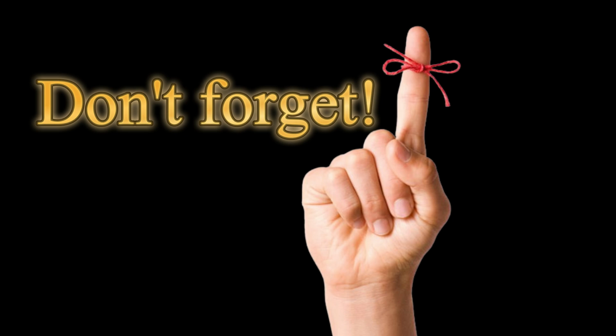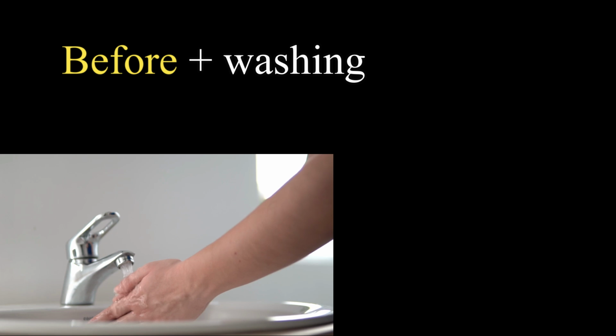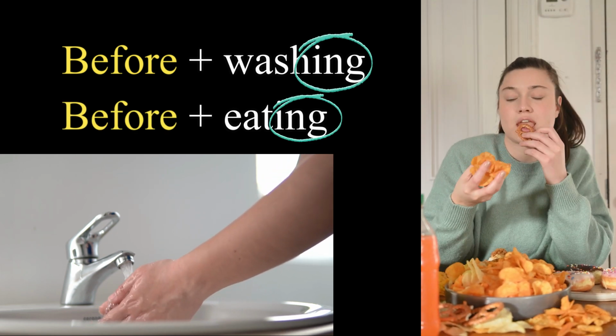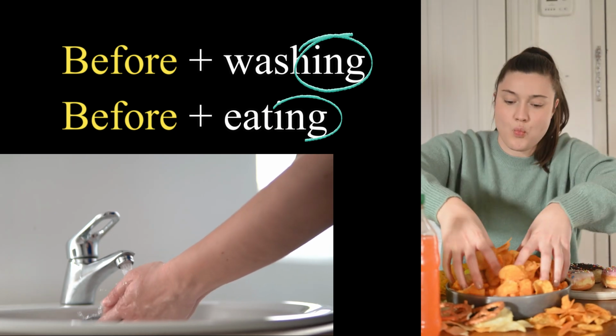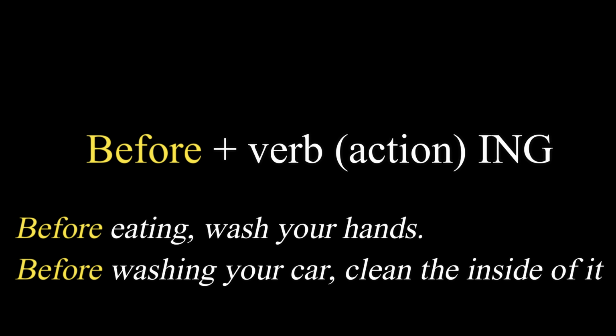Now don't forget, if you use before plus an action like washing or eating, you're going to want to use ing. So, before eating, before washing, make sure you're using ing if you're saying before at the start of your sentence.